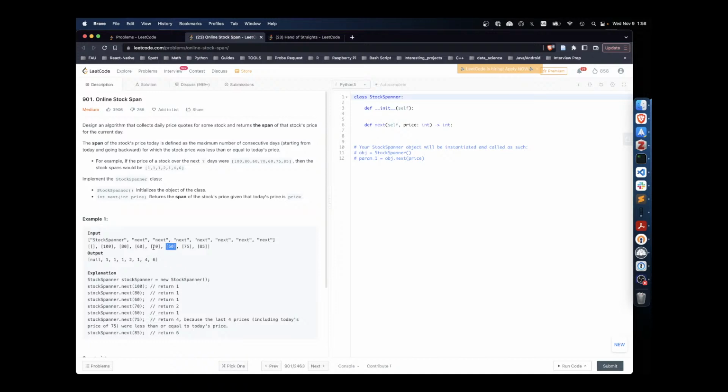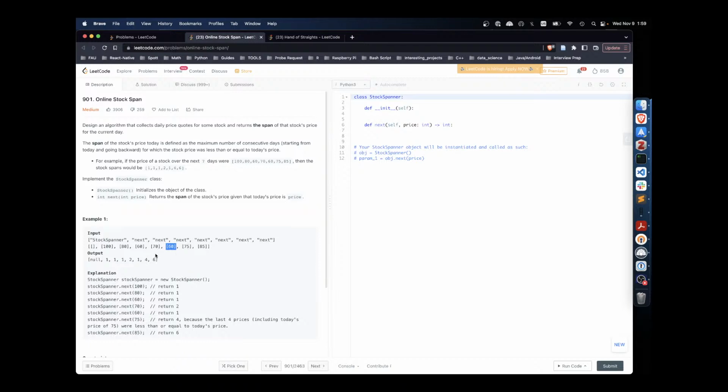And 70 says 2, so I jump back 2, right? And then 80 is larger, so this is going to be 3 plus this one's 4. 85, this is 4, so we jump back 4.